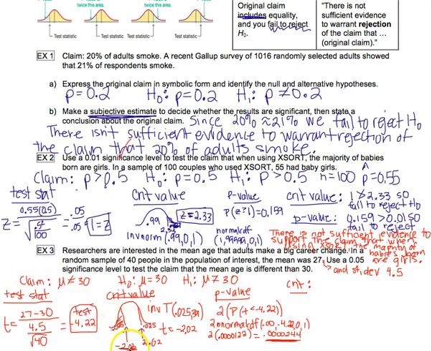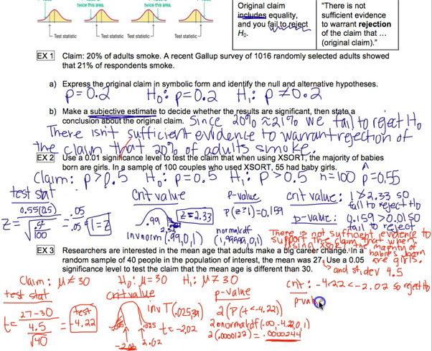Well, the boundary is negative 2.02. Negative 4.22 is less than that. So we would say negative 4.22 is less than this guy. So that means it's in the rejection region. So we're going to reject the null hypothesis.